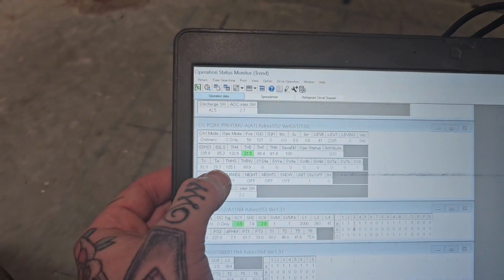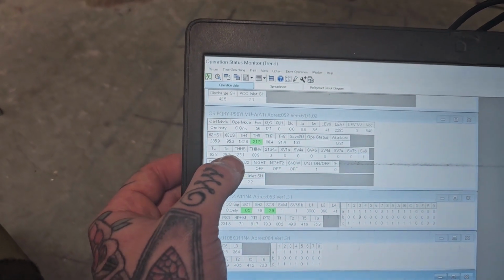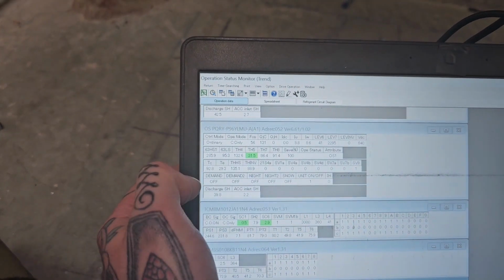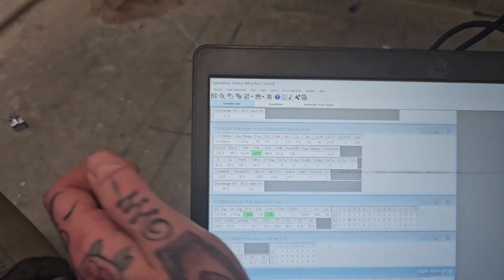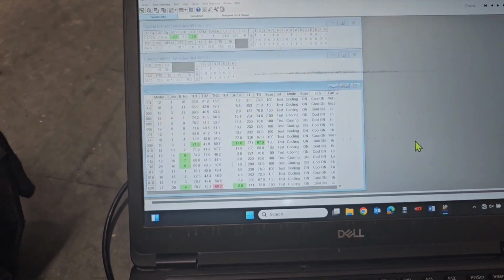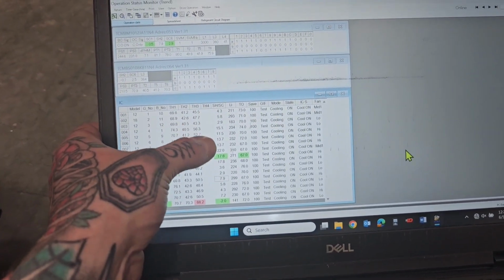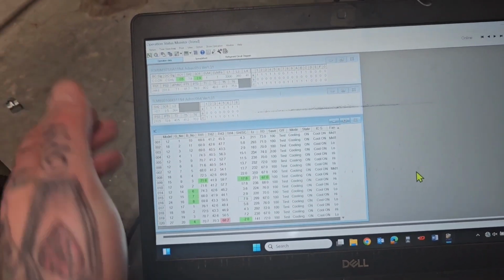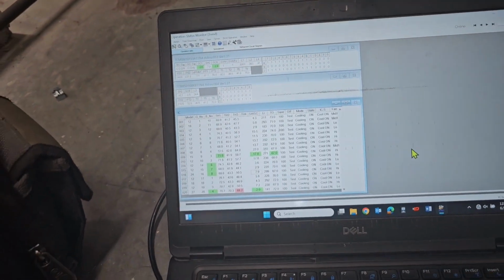You can still see we've got 29 suction saturation temperature and a 31 degree actual line temperature. So we've only got 2 degrees of superheat at our outdoor unit. Yet we've still got 8 degrees of superheat at our BC, and we've still got multiple units with out of spec superheat. So I just said, okay, screw it.